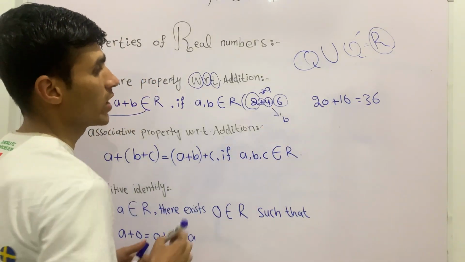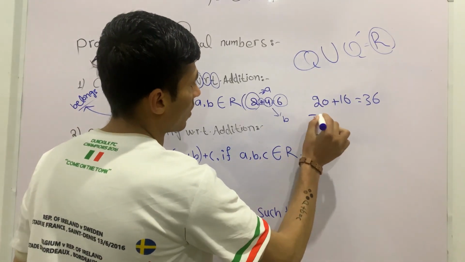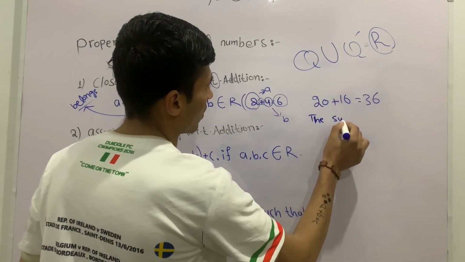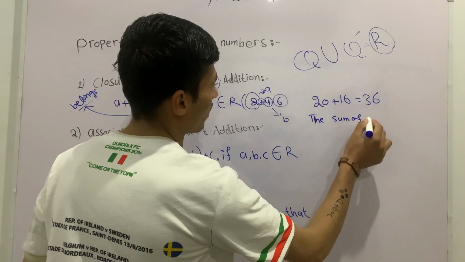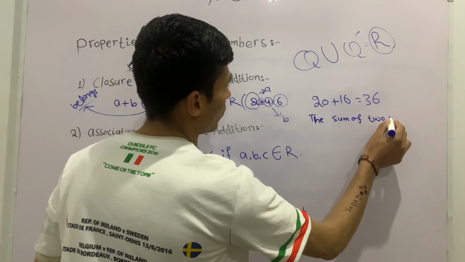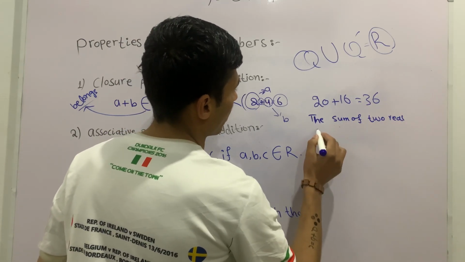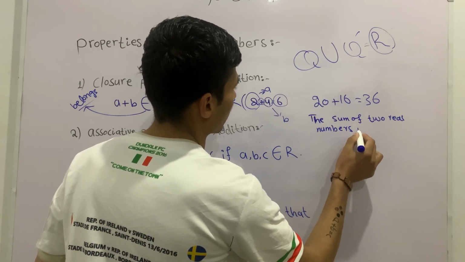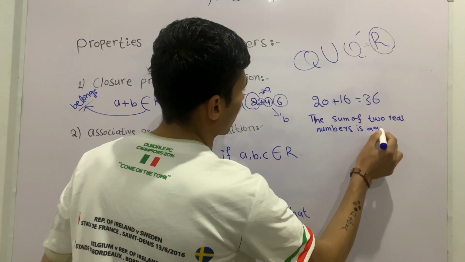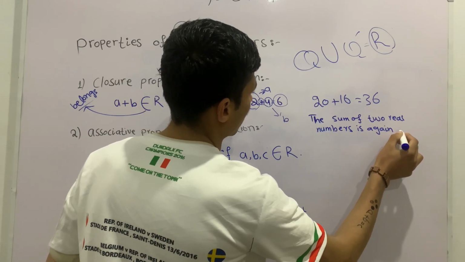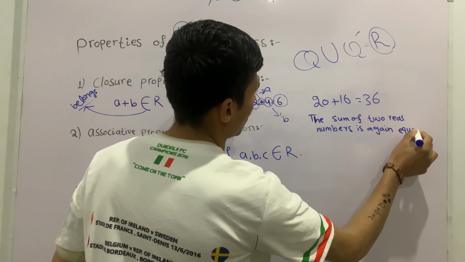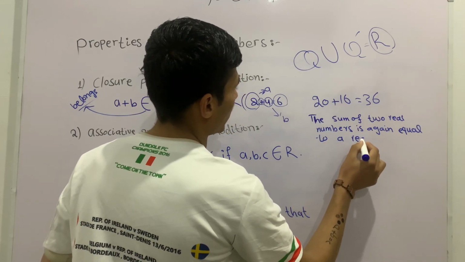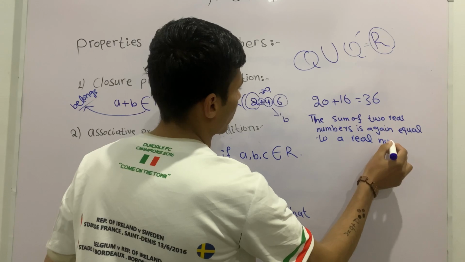You could write this as a statement: the sum of two real numbers is again equal to a real number.